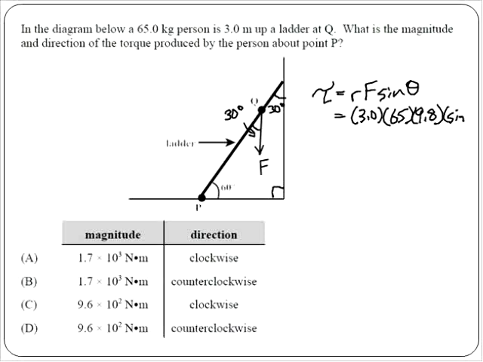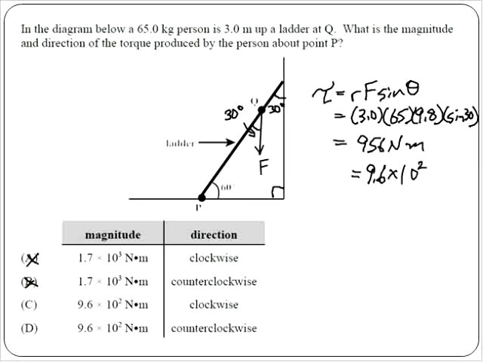And the answer to that calculation would be 956 newton meters. So obviously the answer is either C or D. So I can forget these two, because 9.6 times 10 to the 2, that's what that number would work out to be.